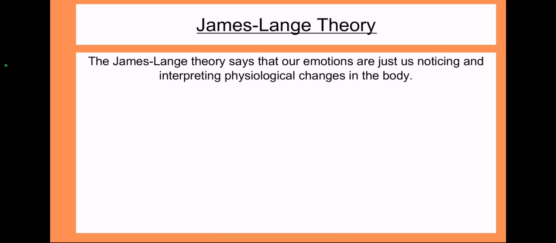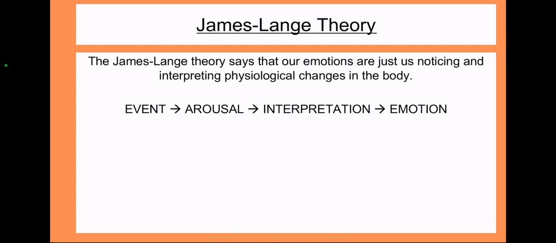So what James-Lange believed, and what the theory says, is that our emotions are just us noticing and interpreting physiological changes within the body. So, for example, I'll put the flowchart on the screen here. This is essentially the process that they think an emotion goes through. So, an event happens.